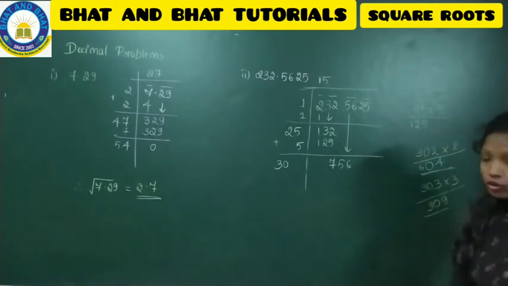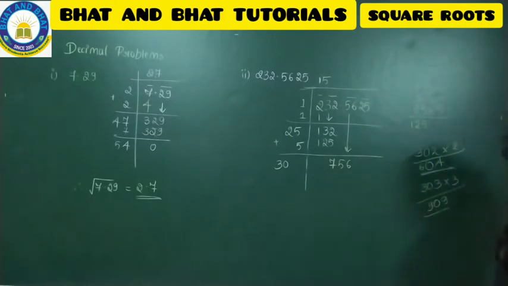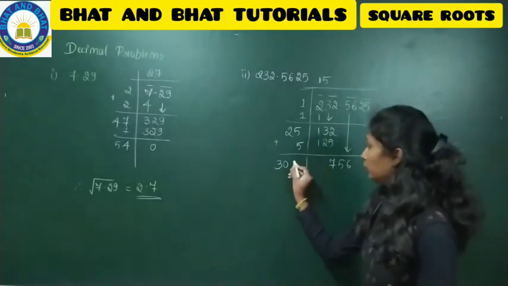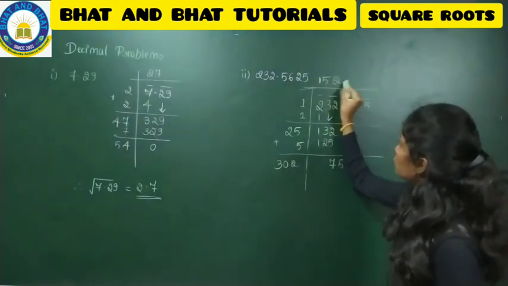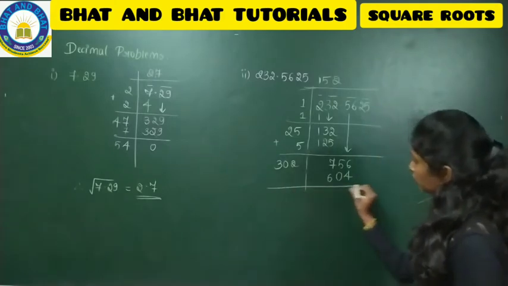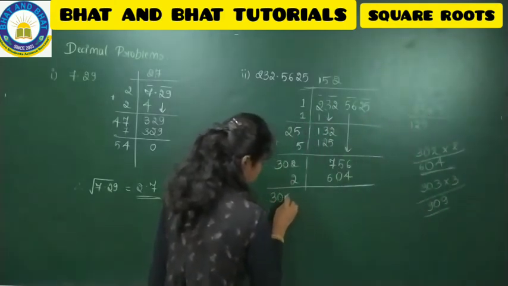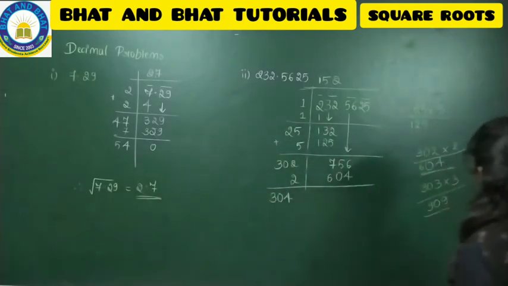So it will be 909. Where 909 is highest when I compare to 604. So go with 302 2s are 604. And right here 302 plus 2 it is 304.